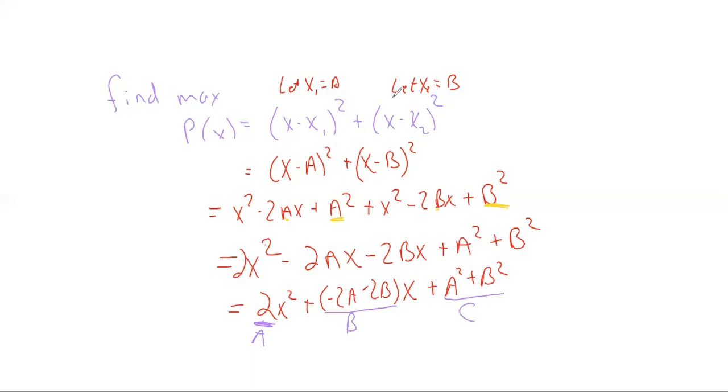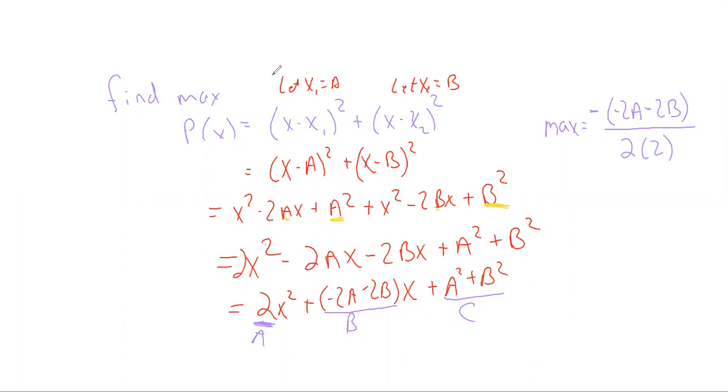So to find the max, I go over here and say, okay, the max is equal to negative b over 2 times a, which is 2.